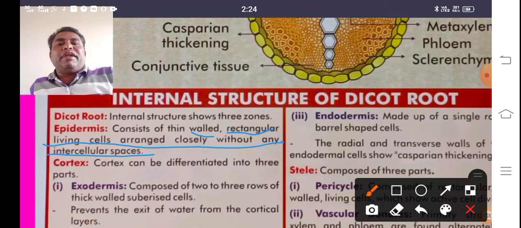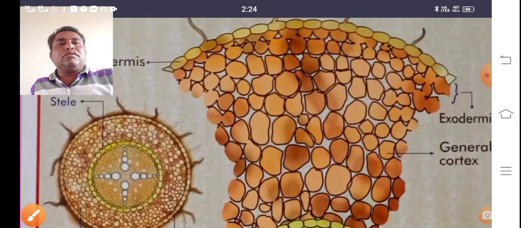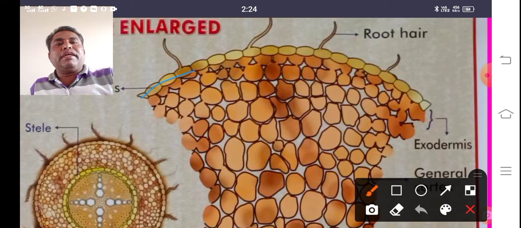The epidermis is the outermost layer. Now I will show you. This entire single-row layer is called the epidermis.